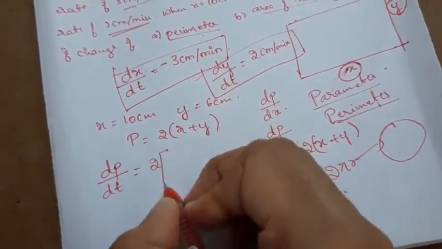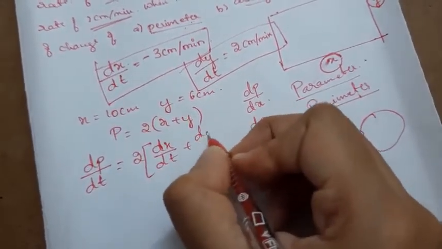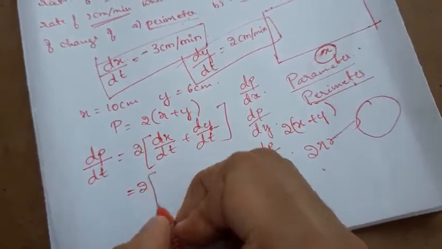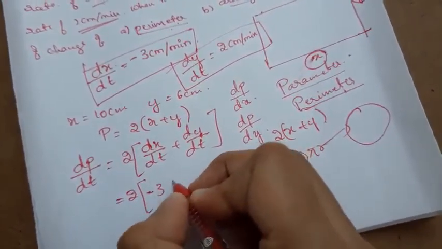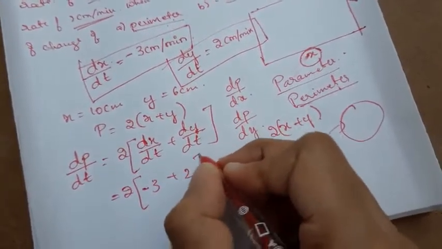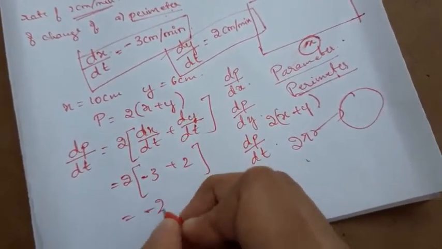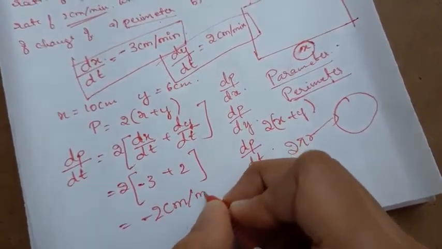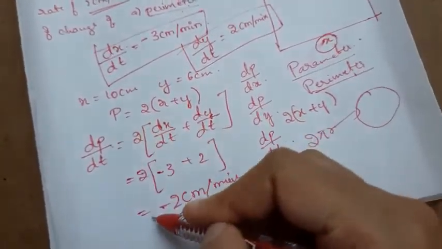What happens here? It is nothing but 2 times dx by dt plus dy by dt. Now what is this dx by dt? We already have it, it is minus 3, and our dy by dt is 2. Minus 3 plus 2 is minus 1, so minus 2 centimeter per minute. So this is the rate of change of perimeter with respect to time.